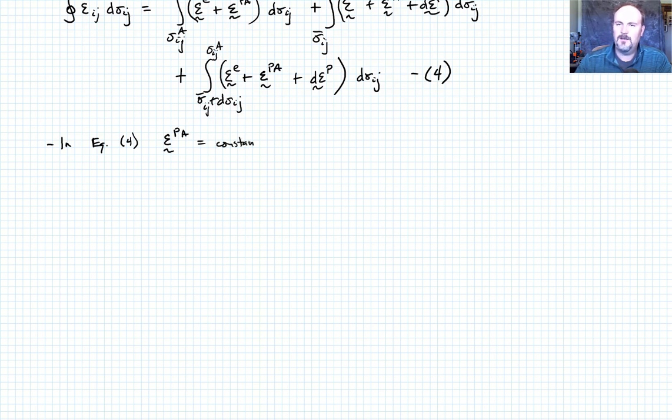That's the plastic strain that we had before the increment, so that doesn't change. So if we integrate a constant around a curve, the integral around any curve of a constant, epsilon PA d sigma, is identically 0. Okay? So that's equation, we'll call that 5, right? So that takes care of this term, and this term, all three of those terms.